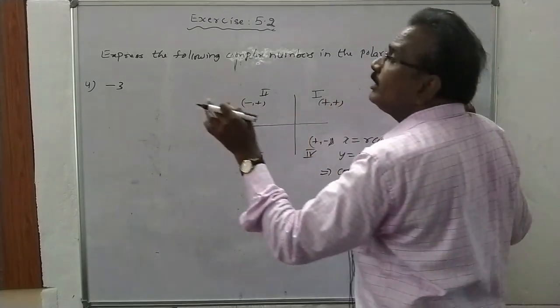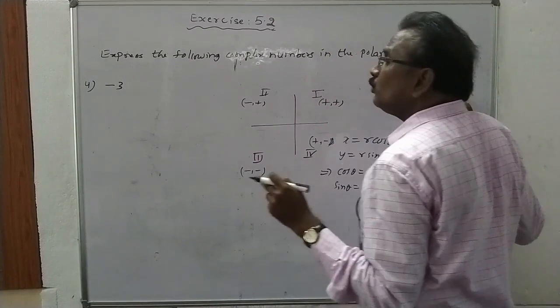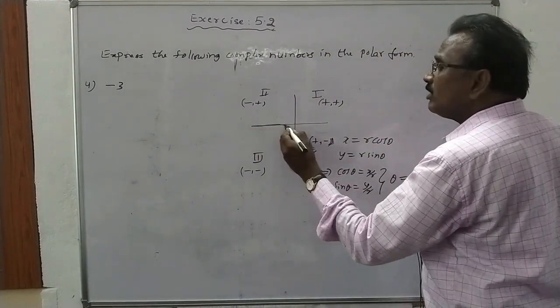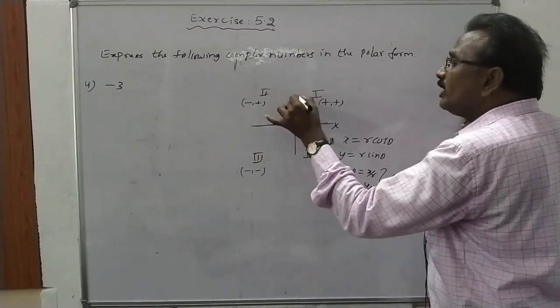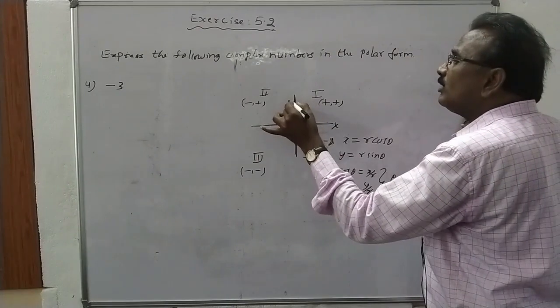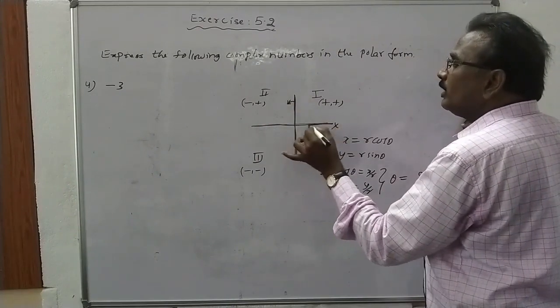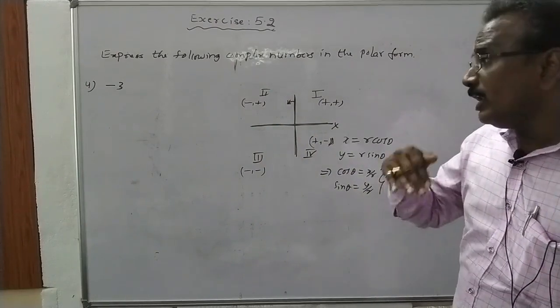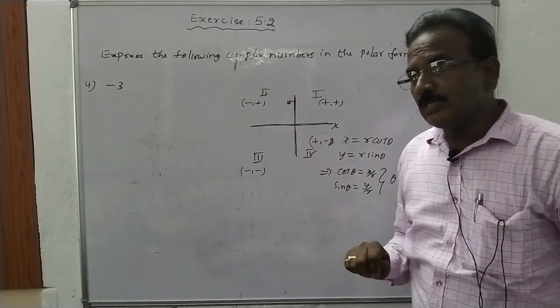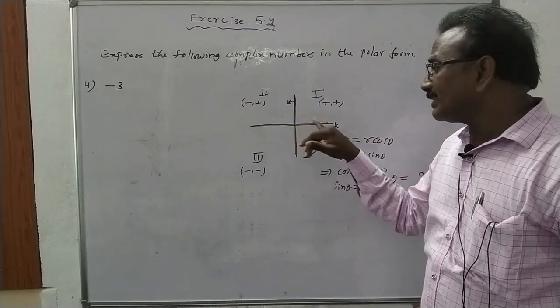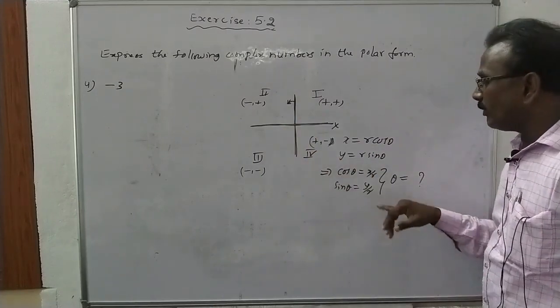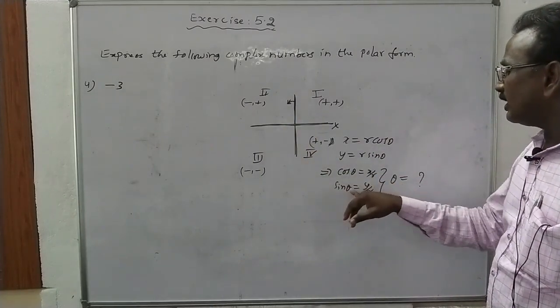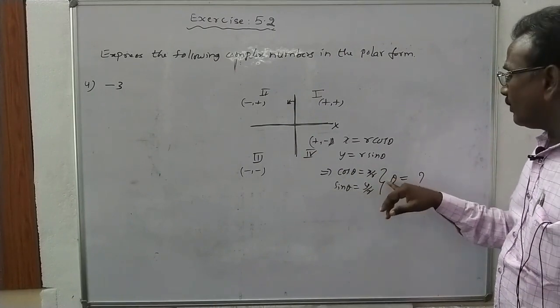Clearly here, minus 3 is purely real. A purely real complex number lies on the x-axis, and a purely imaginary complex number lies on the y-axis. If the complex number lies in any quadrant, we have four formulas. If it lies on the x-axis or y-axis, we take these formulas: cos theta is equal to x by r and sin theta is equal to y by r, which gives the theta value.